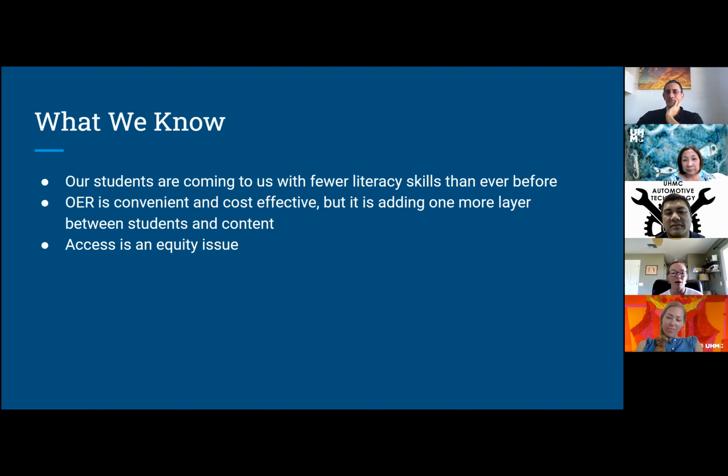But one of the things that I want to just highlight is that student accessibility is an equity issue, right? And one of the things that people talk about is the need to make access to texts easier and cheaper.